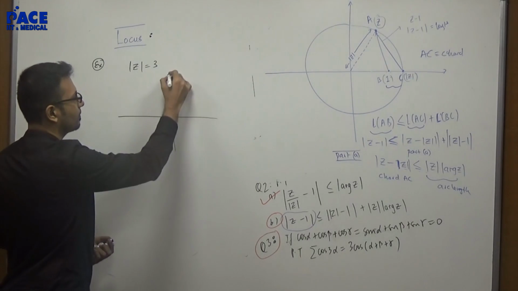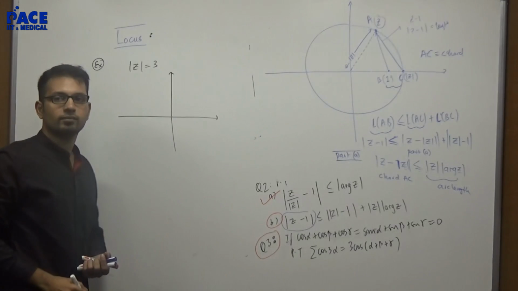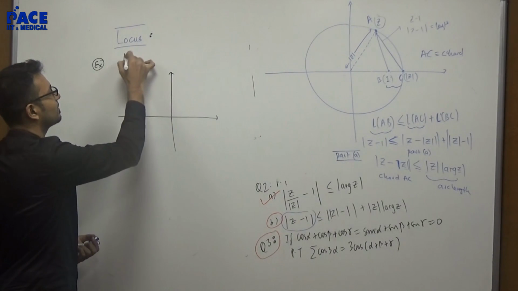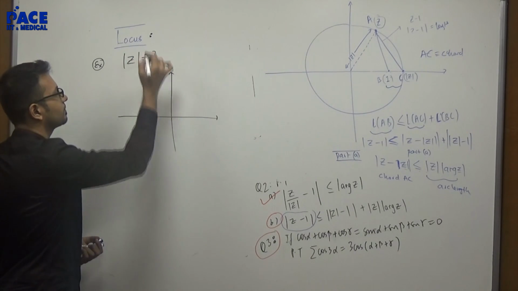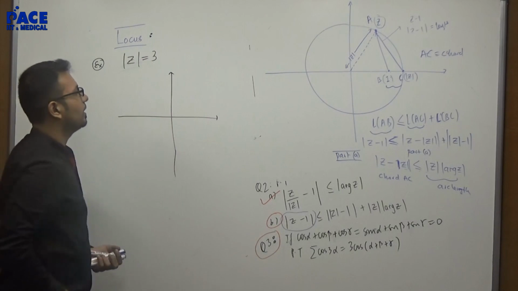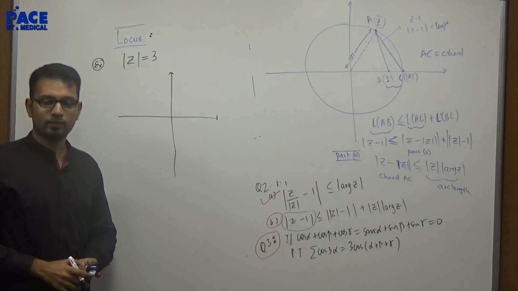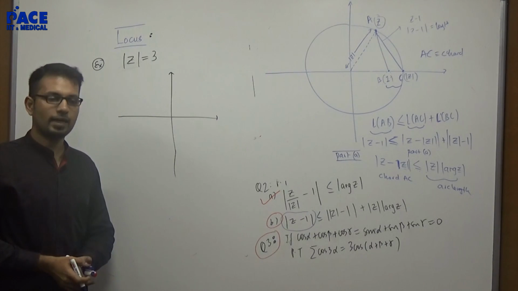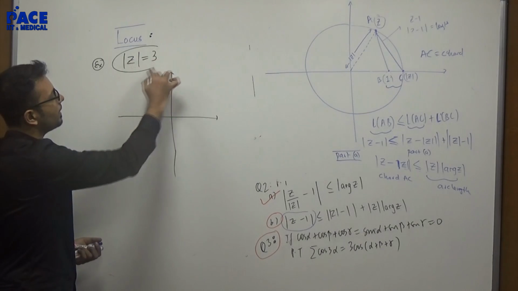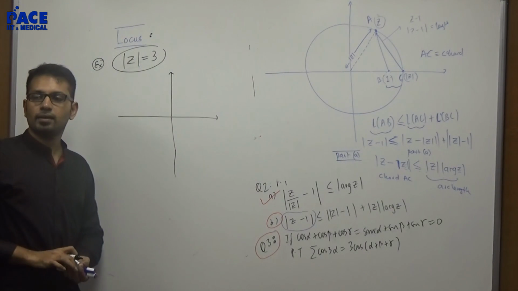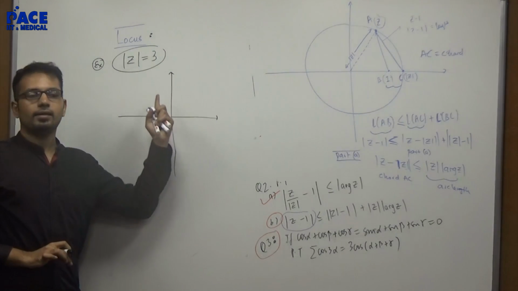Sir, थोड़ा सा बड़ा लिख सकते हो क्या प्लीज? Okay. So mod z अगर 3 है, सर्कल with radius 3.